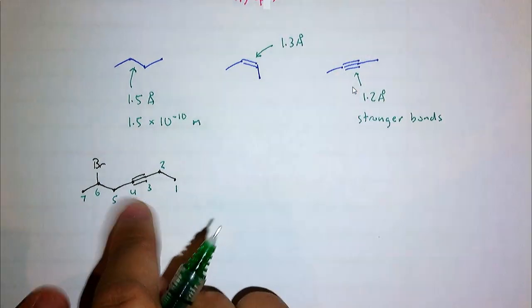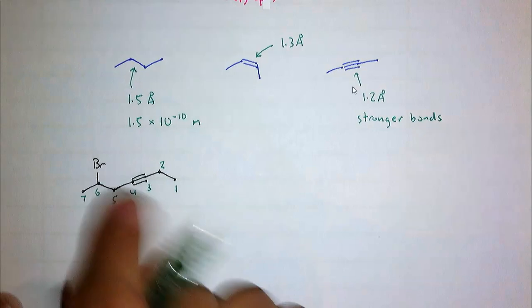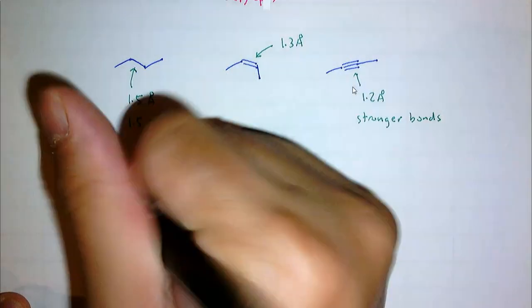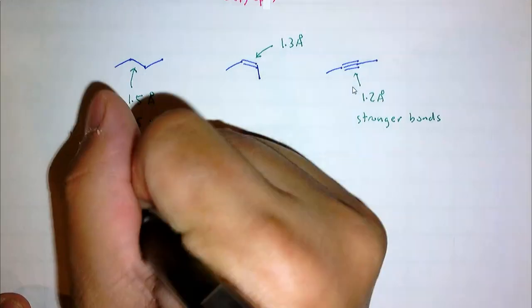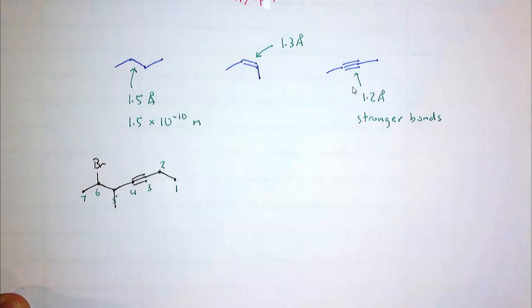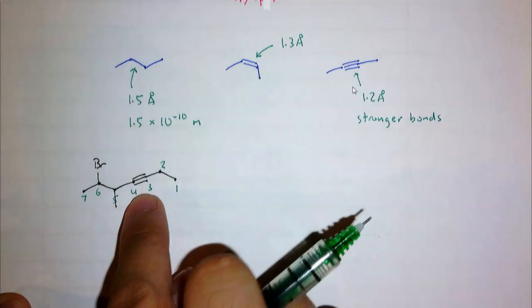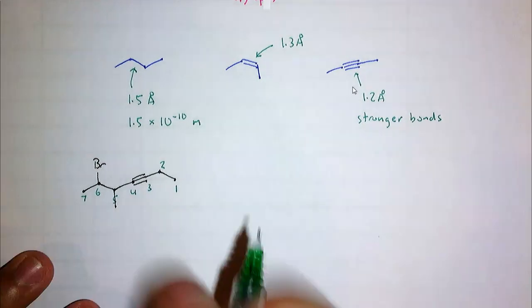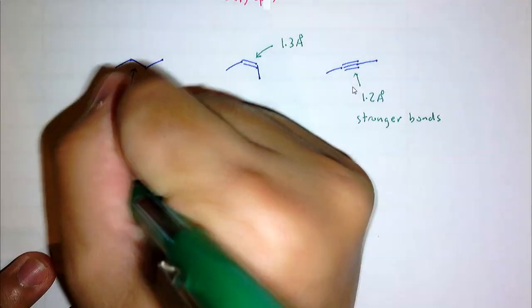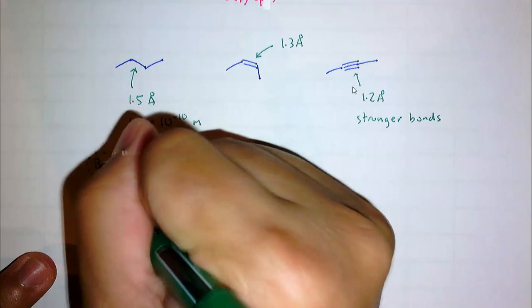Again, when you have a halide, or even an alkyl group, I'll put an alkyl group here, like a methyl group, you still number from the end closest to the triple bond. So in this case, we have a bromo at 6, and now I just added a methyl.